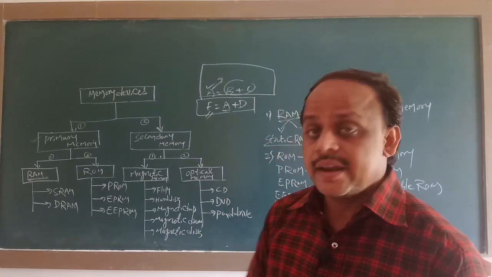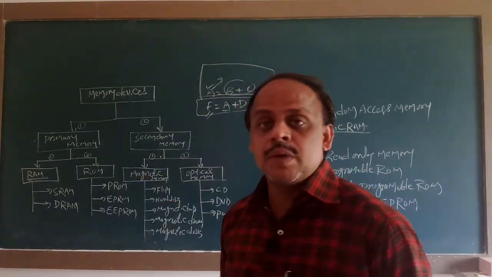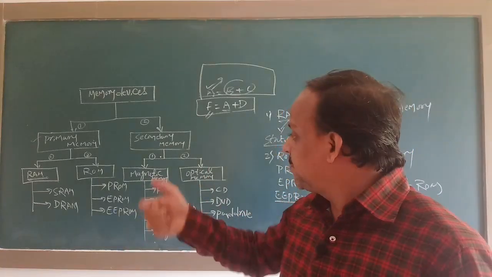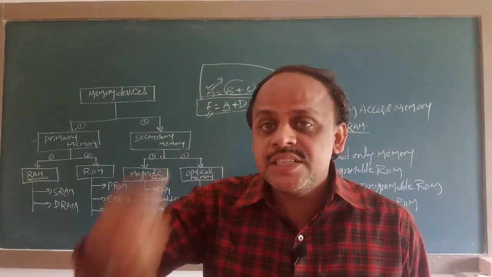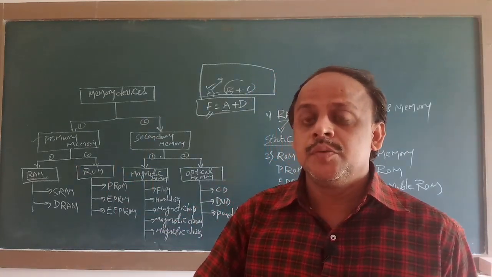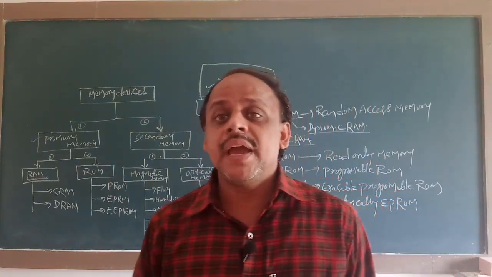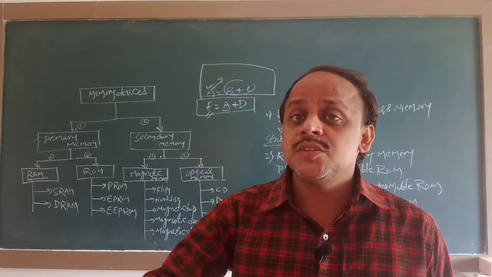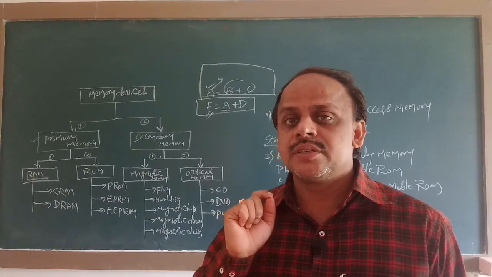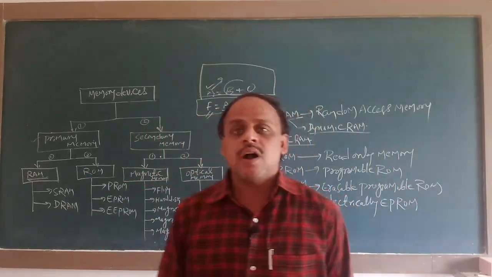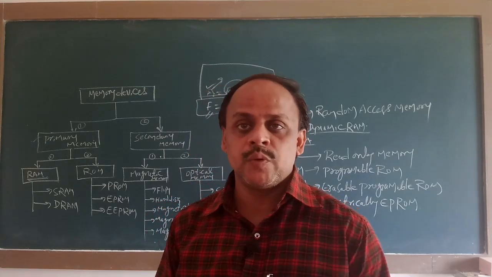He says RAM is called read-write memory. It means in the RAM chip, you can write as well as read. It is just like a page of a notebook where you can write as well as read from it. That's why RAM is called read-write memory.